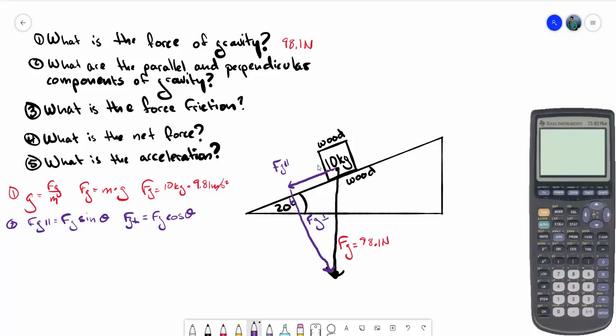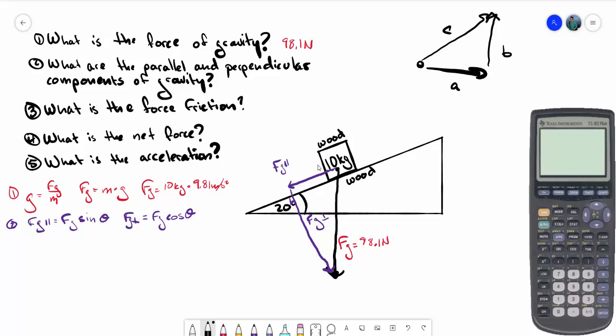So just like how if you took an x component and a y component, you use the Pythagorean theorem to find their resultant, it's the same concept. Take an x vector and a y vector, their resultant would be found with the Pythagorean theorem, right? So like a squared plus b squared equals c squared. It's the same concept here, except it's at a slight angle because we're on an inclined plane.